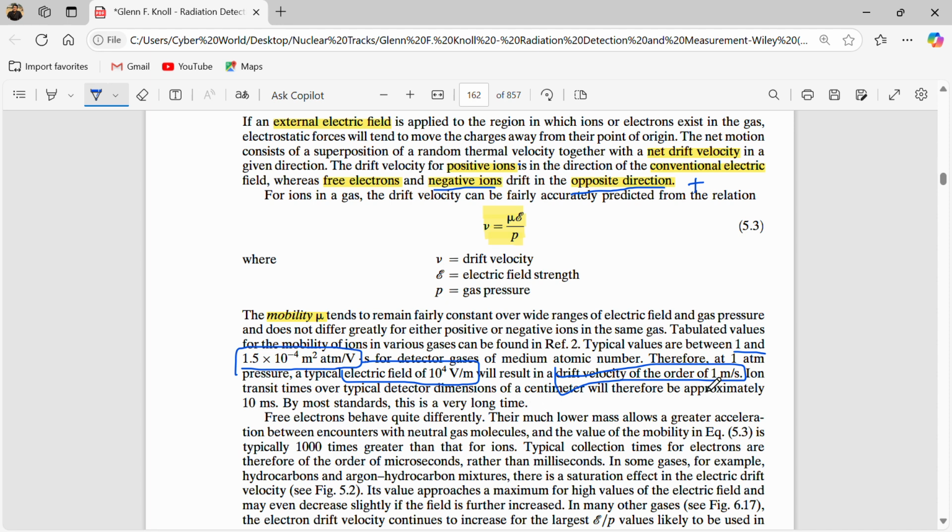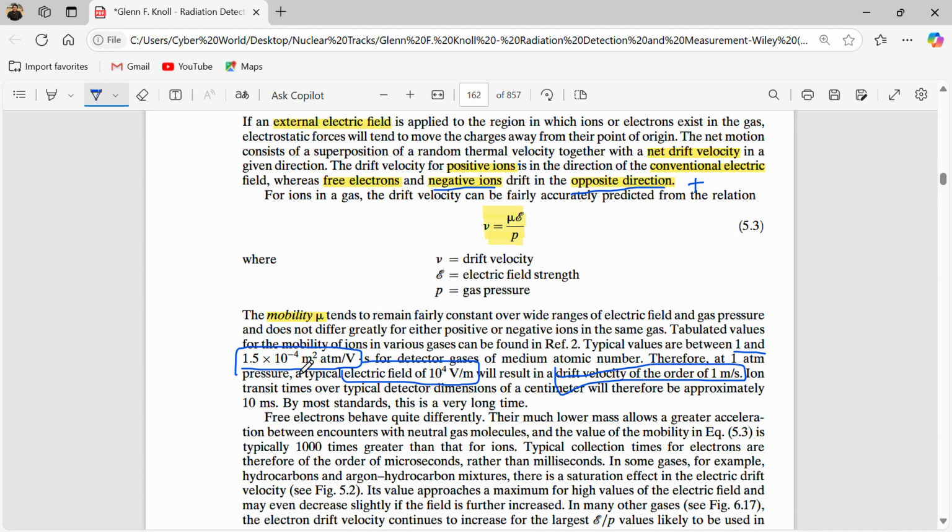So if the velocity is 1 meter per second and the electric field is 10 to the power 4 volt per meter, with mobility between 1 and 1.5, then taking 1.5 times 10 to the minus 4, we get 1.5 atm.